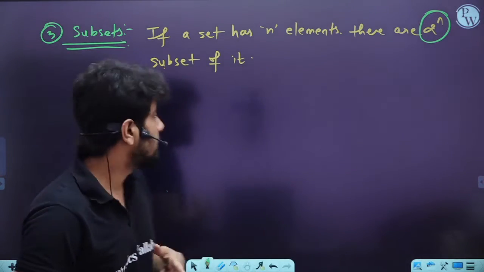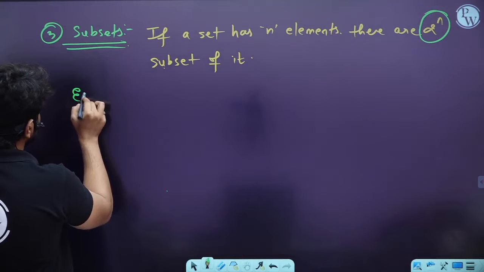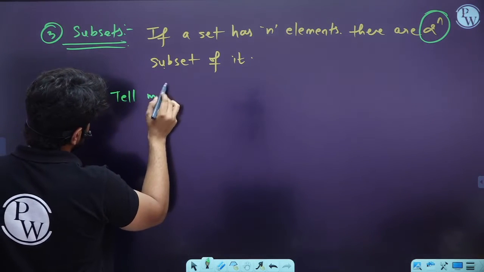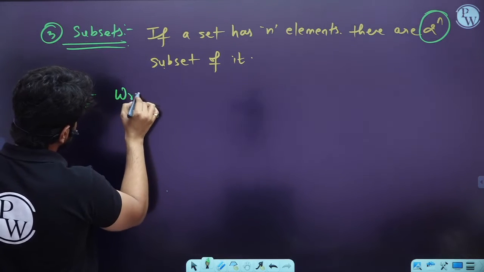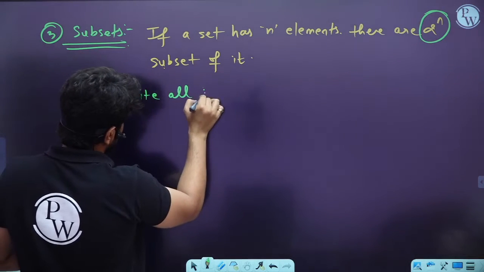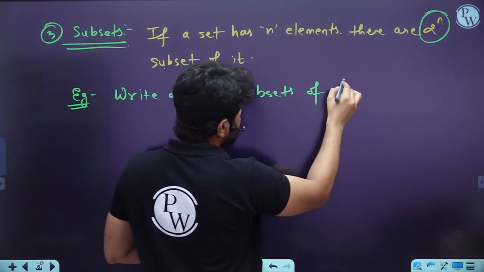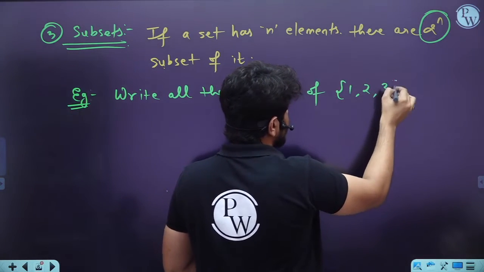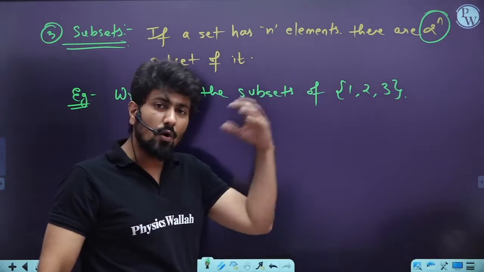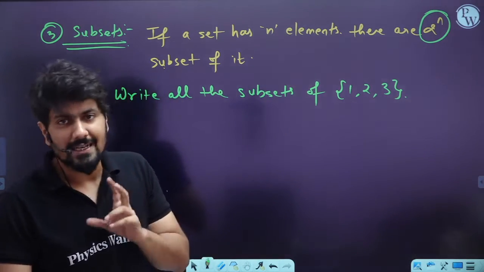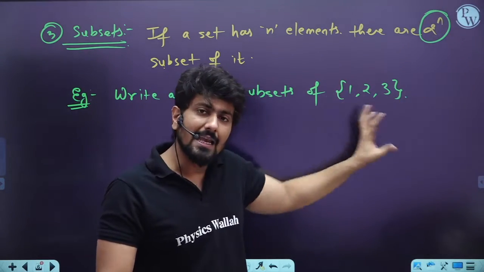For example, suppose I ask you to write all the subsets of the set 1 comma 2 comma 3. A subset is also a set that is formed by the elements of the given set.